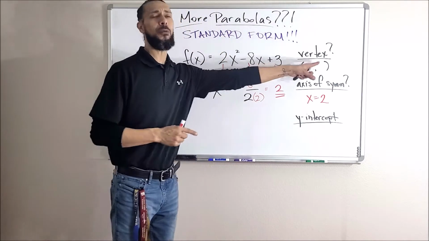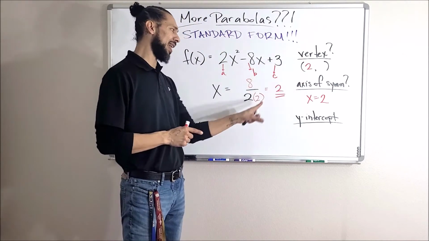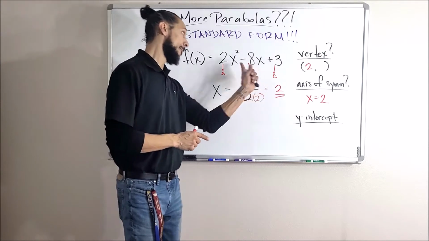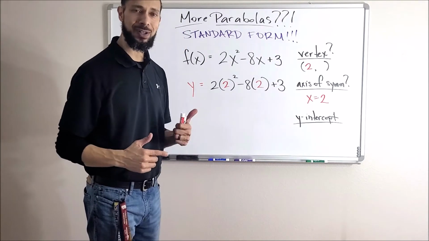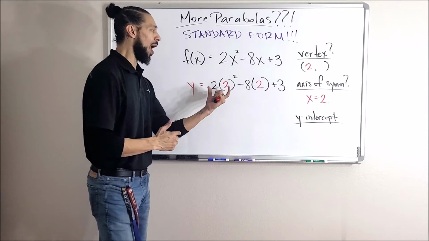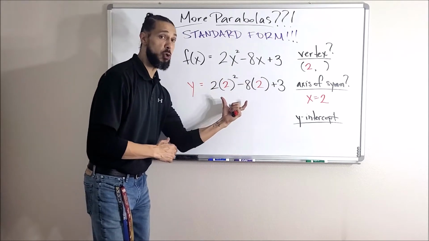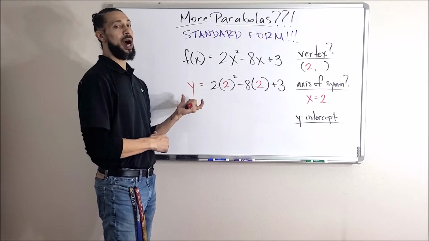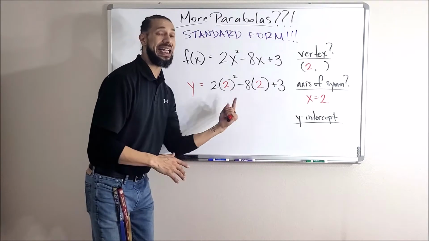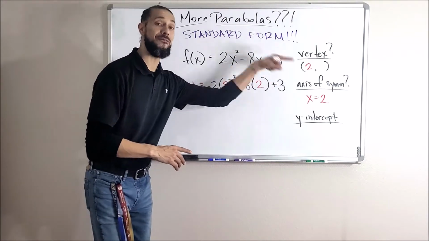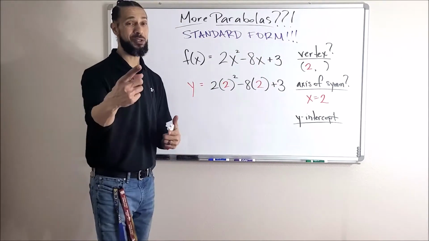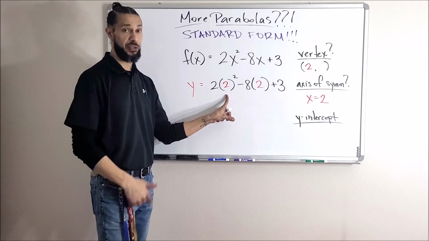Good. Now, where do I get the y value from this vertex? Don't I take that 2 and... Exactly right. Plug it back into the original equation. So I replaced all of these x's with 2's, and I've changed f of x into y, just so we understand the number I get out of here is the y value for the vertex. Okay, let's do some math. Don't get tripped up on this first thing.